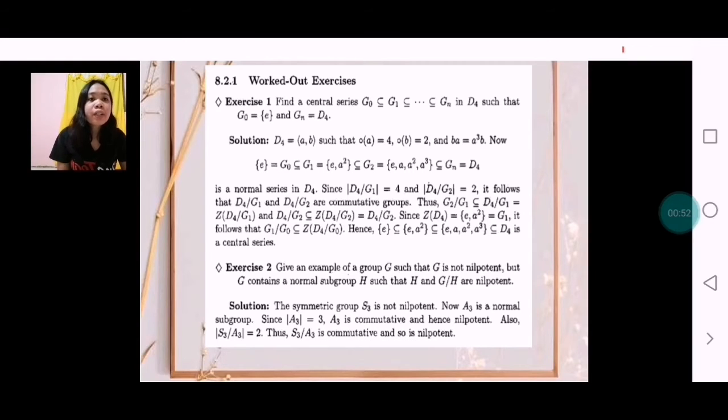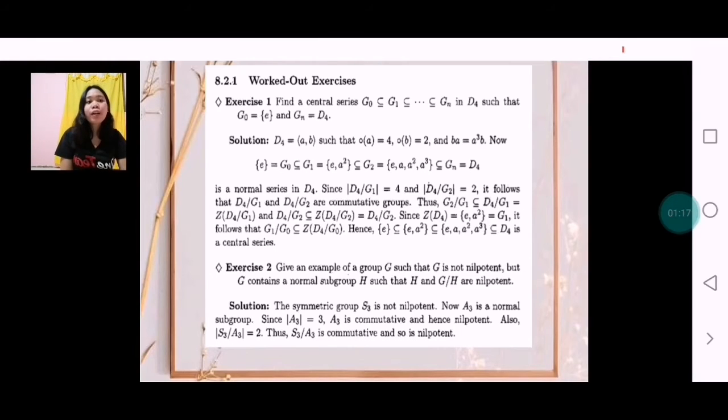This is a normal series in D sub 4. Since the cardinality of G sub 1 is 4 and the cardinality of G sub 2 is 2, it follows that D sub 4 over G sub 1 and D sub 4 over G sub 2 are commutative groups.